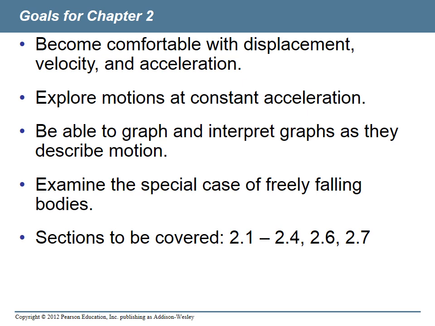We're going to look at graphs of motion, be able to interpret those, and we'll look at a special case of freely falling bodies or freely falling objects. We call them bodies a lot of times in physics. We call this special case free fall. The sections to cover will be sections 2.1 through 2.4. We'll also cover sections 2.6 and 2.7 briefly.